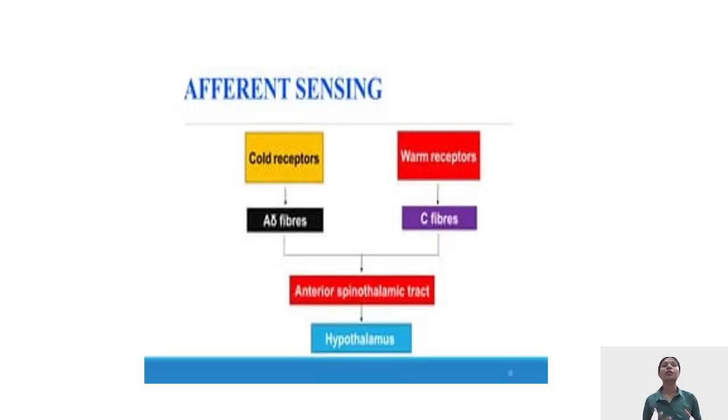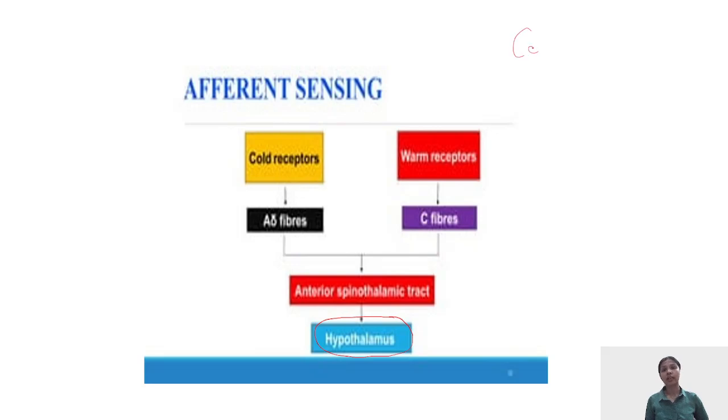Now, how is thermoregulation done in a body? Thermoregulation is done at the level of the hypothalamus. Please remember, the hypothalamus is responsible for the thermoregulation of our body. We have afferent sensing fibers.